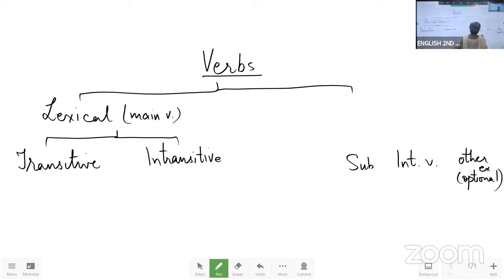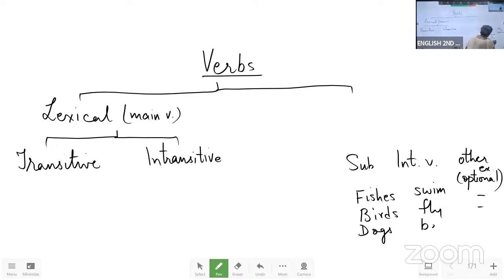Subject, like say fishes. Fishes swim. And you can put a dash there because it's optional. Otherwise, you can write birds fly. Leave the column vacant. Or you can write as dogs bark when provoked.